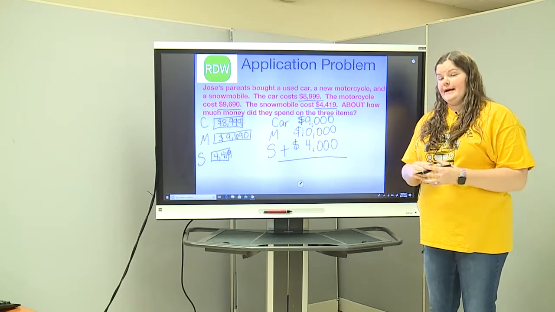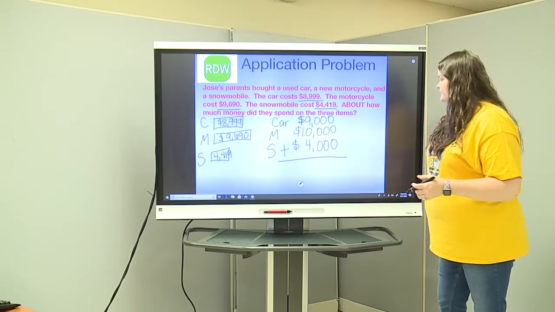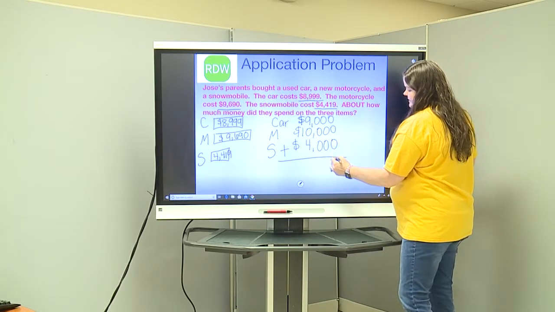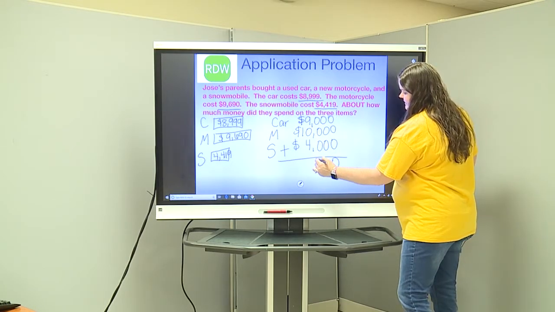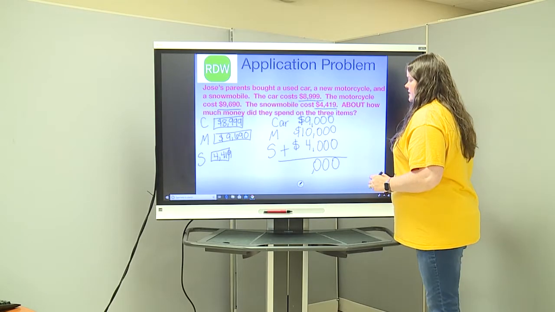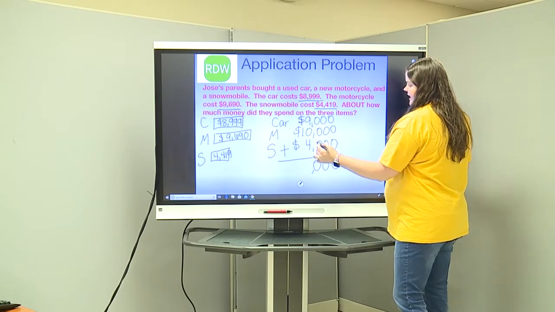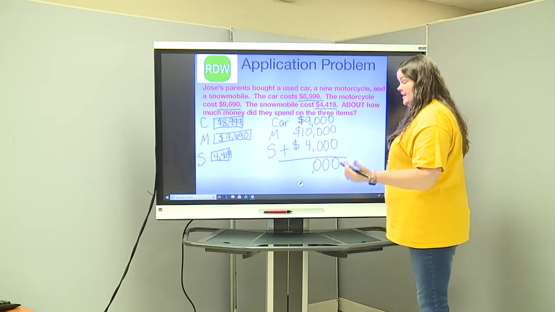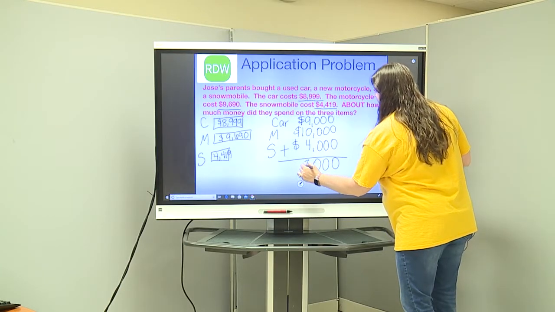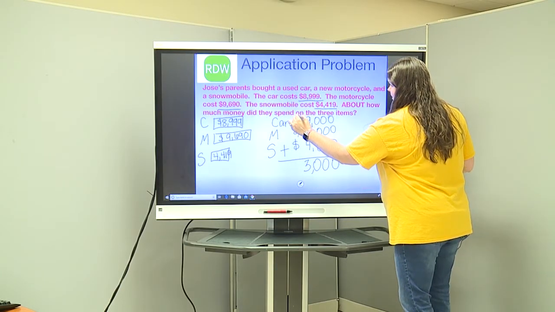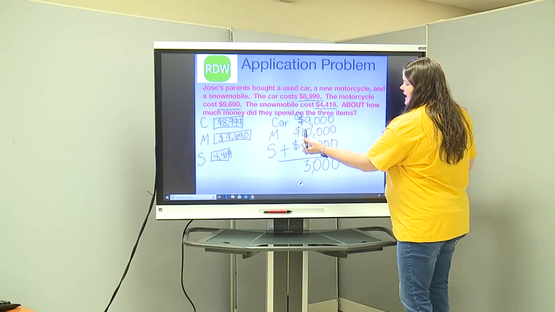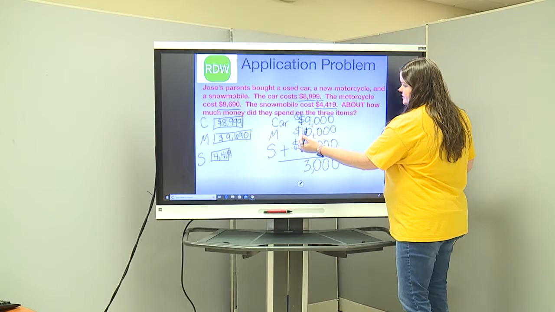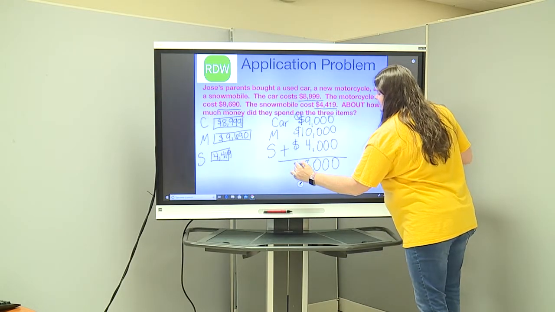Now, we need to add those up because it wants to know about how much money they spent on all three items. So we would just add these up. Okay, so starting in the ones place, 0, tens place is 0, hundreds place is 0. Now let's look at the thousands place. I have 9,000 plus 4,000, which gives me 13,000. So I would just need to carry that 1 or regroup that 1 to the 10,000s place. And the only thing I have in the 10,000s place is 1 plus 1.